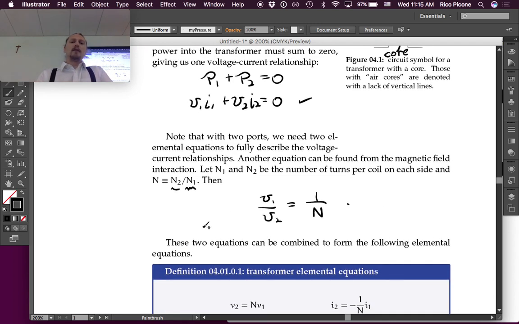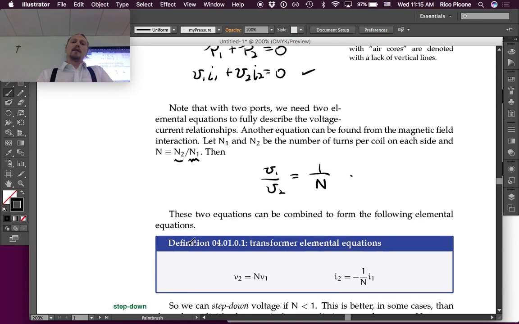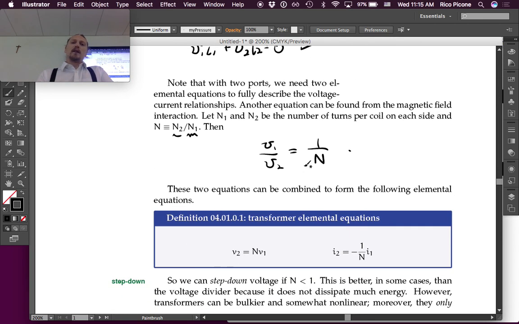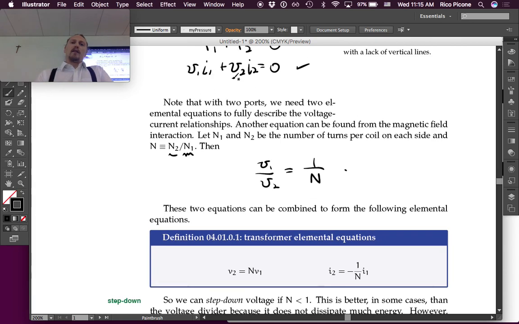All right, so these two equations can be combined to form the following elemental equations. If you use the first equation and then this equation together, we can solve for what the voltage on the load side, or on the secondary side, is equal to in terms of the voltage on the primary side, or the source side.